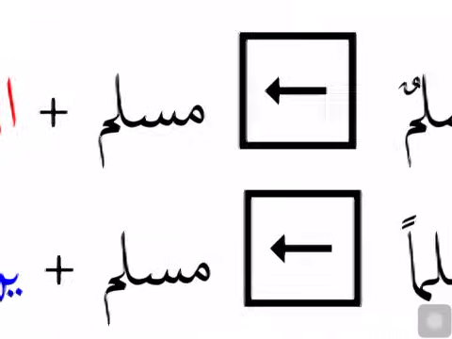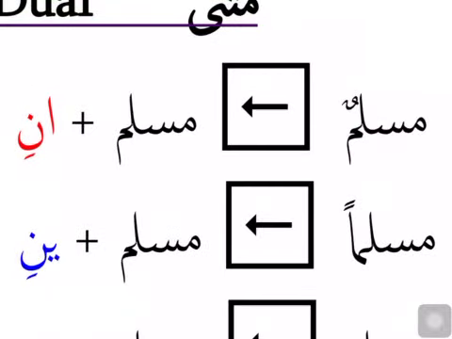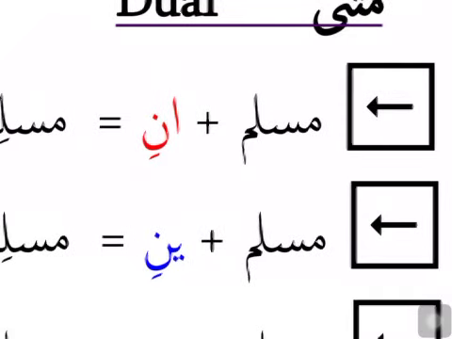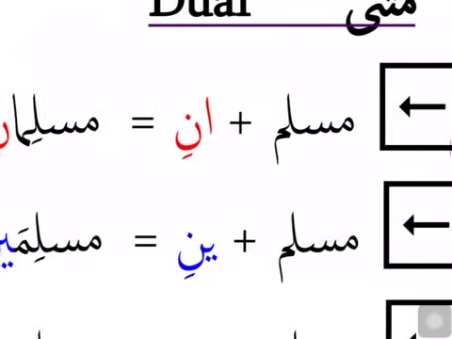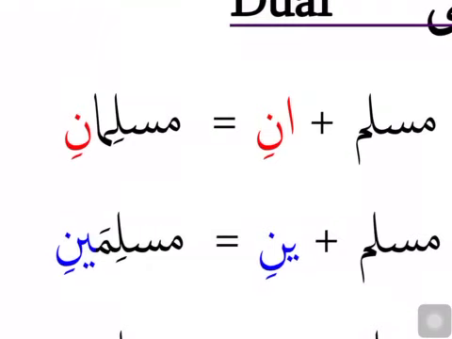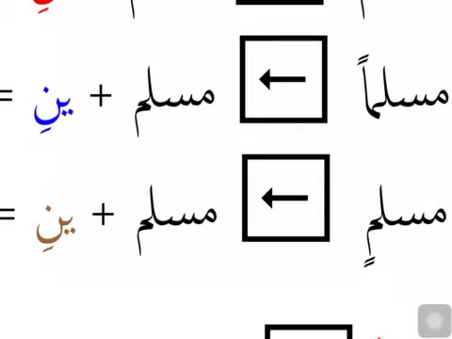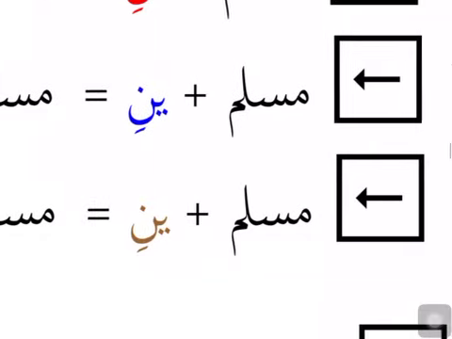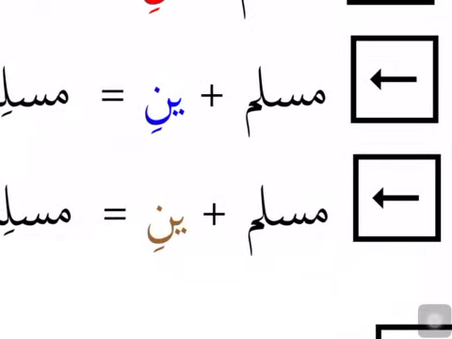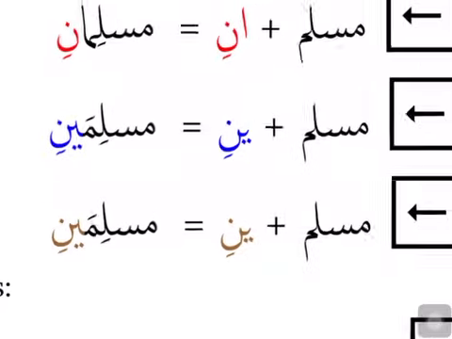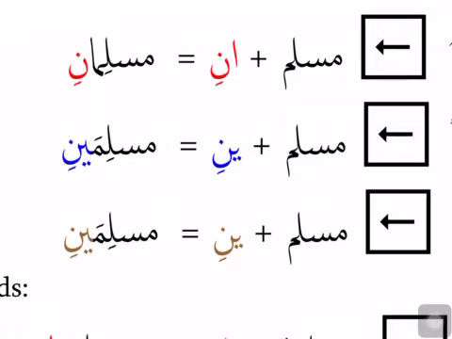If your original mufrad word was Musliman, two fatha, you remove the two fathas at the end, you're left with Muslim, add aini, now you get Muslimaini. Lastly, if your word was Muslimin, kasratain, two kasras, to make it dual, remove the two kasras, you're left with Muslim, add the aini ending, and you're left with Muslimaini. So basically there are only two choices, either ani or aini.